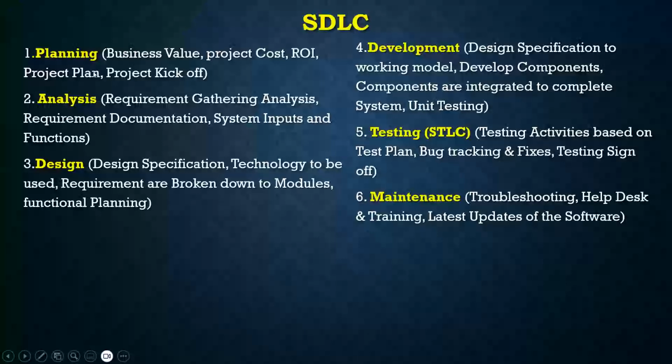All those things are discussed in the planning phase. Return on investment, ROI, project plan. Your project manager with your team basically plans how we will take this project, and how we'll figure out the different phases of the project, how we will develop, how we will test. All those documentation and processes happen in the planning phase.